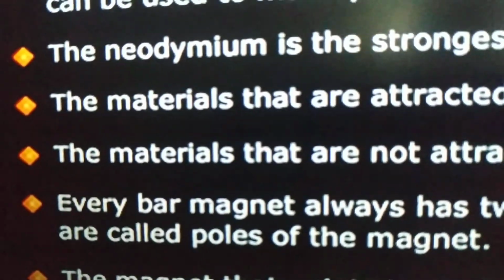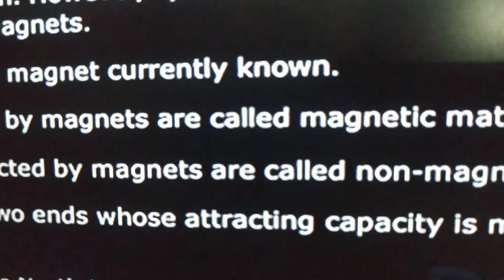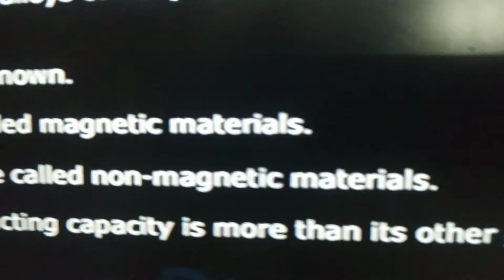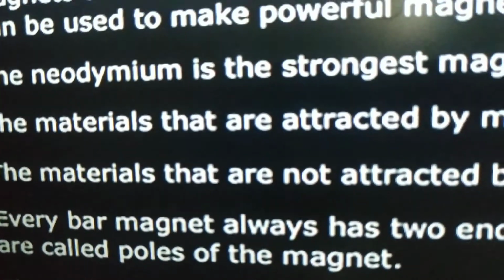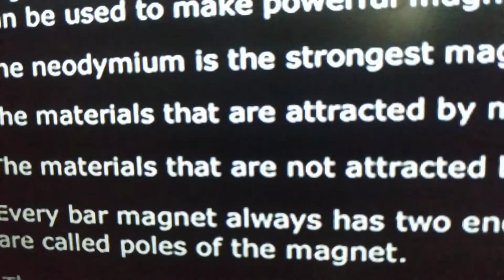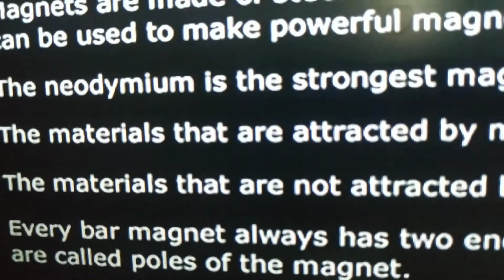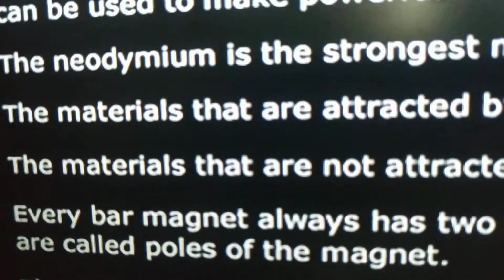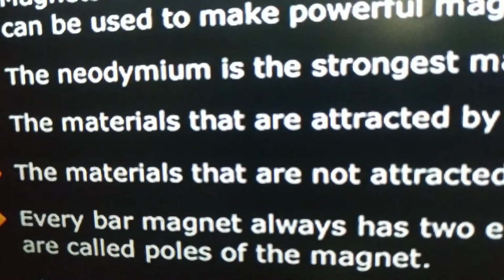Every bar magnet always has two ends whose attracting capacity is more than its other parts. These ends are called poles of the magnet, because the entire magnet cannot attract uniformly, but the poles have extra capacity to attract objects.